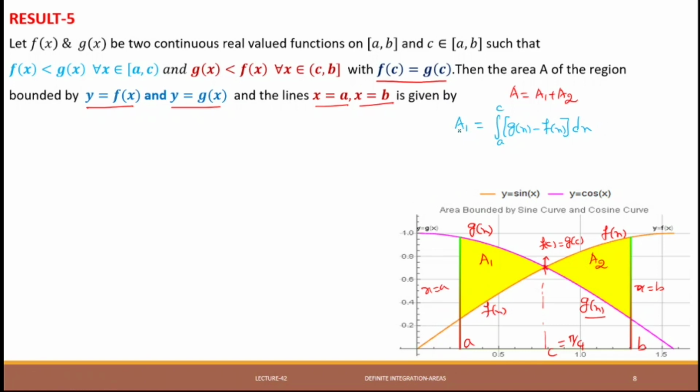So this area of the region a1 is given by integral a to c g of x minus f of x dx. Now how do I find area a2? With the help of result 4 again, this will be integral c to b f of x minus g of x dx.